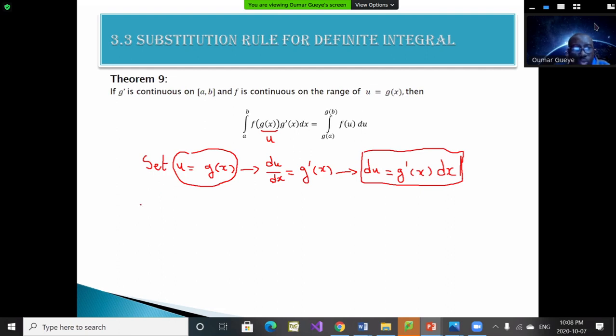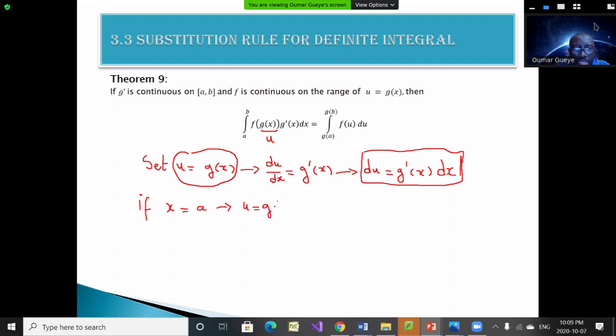It's quite easy to find. For example, if x is equal to a, because a is the first value here, what is going to be the value of u? Just from here, you substitute x by a, and your u is going to be g of a.